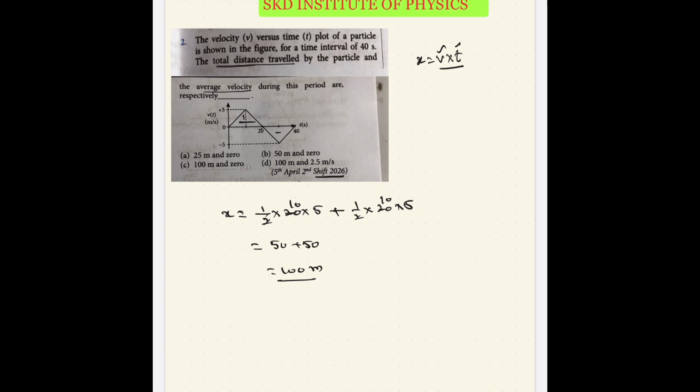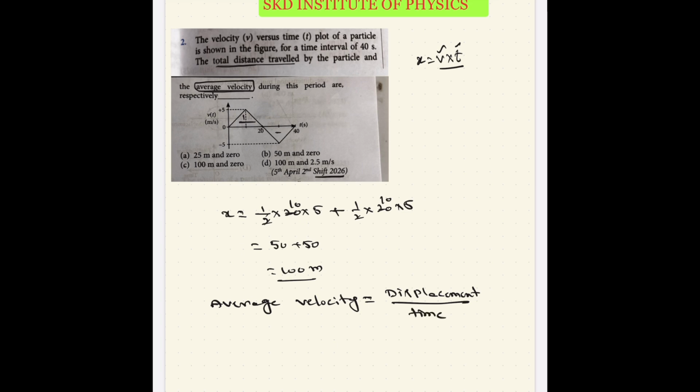Moreover, come to the next one. Next one is the average velocity. If we want to calculate average velocity, first of all we want to know the definition of average velocity. Average velocity is equal to total displacement by total time.